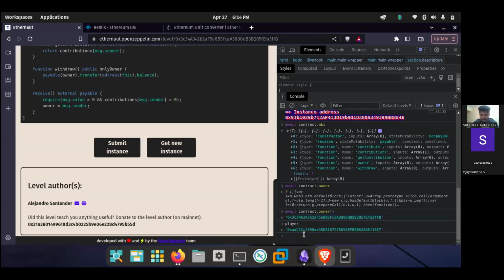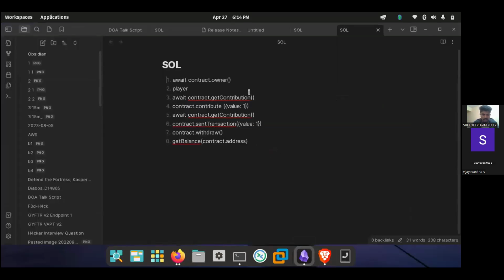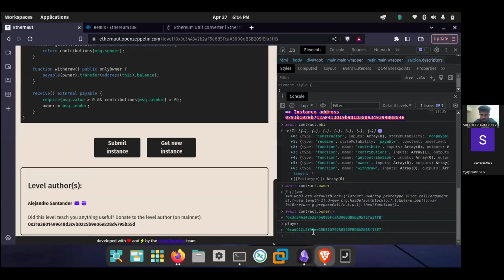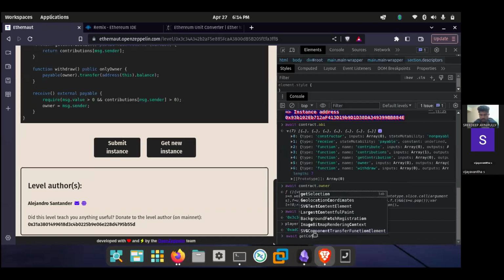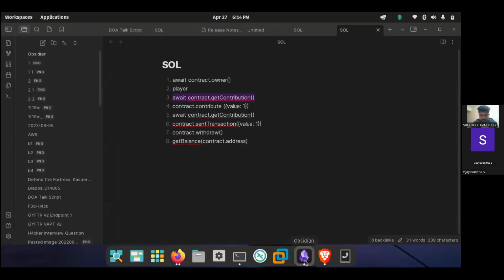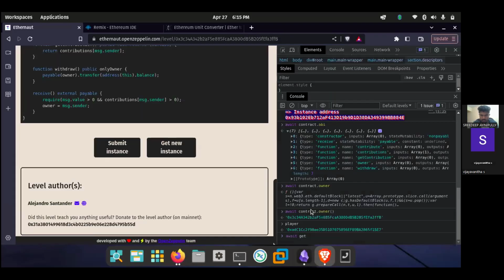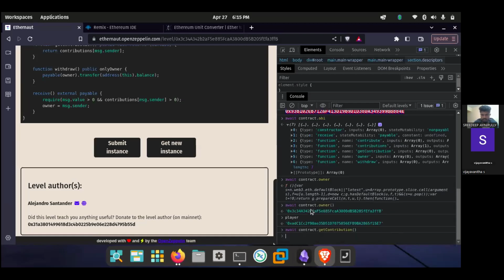Firstly, we need to send a little bit to the contract. Let's get the contribution: await contract.getContribution.